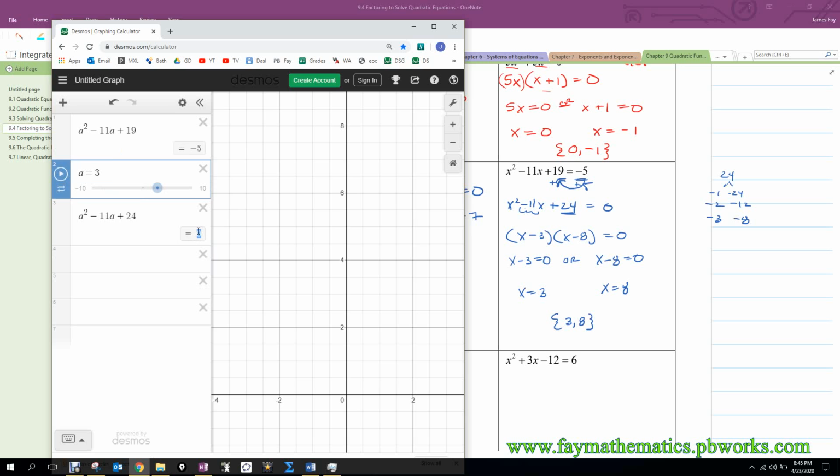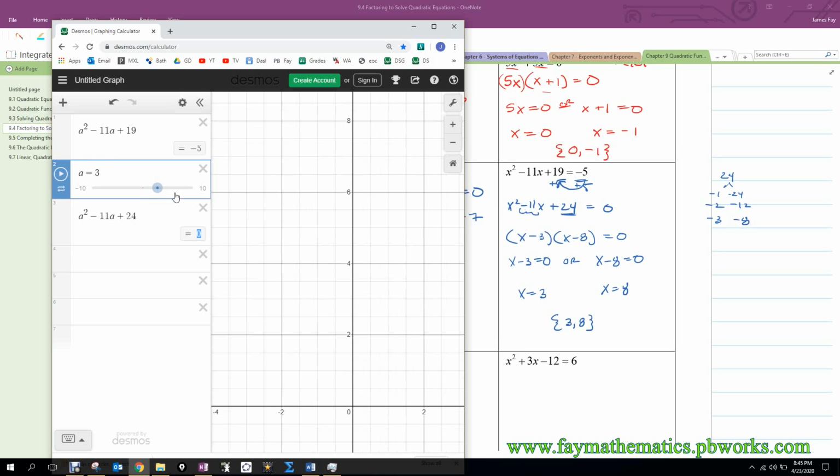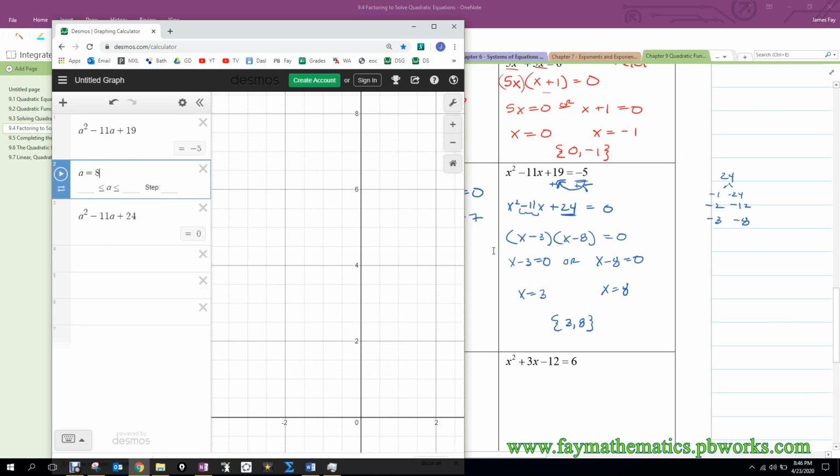You see now you're getting the 0 that is established in this equation here. If I try it to be 8, you see again that I get the 0.